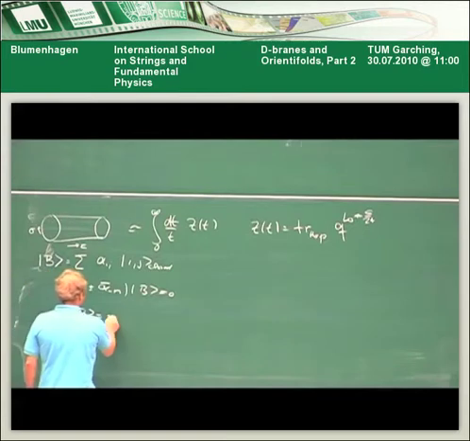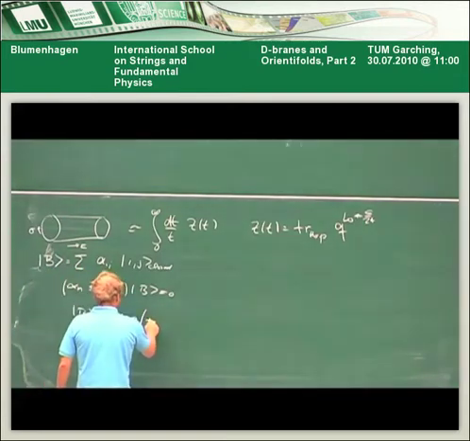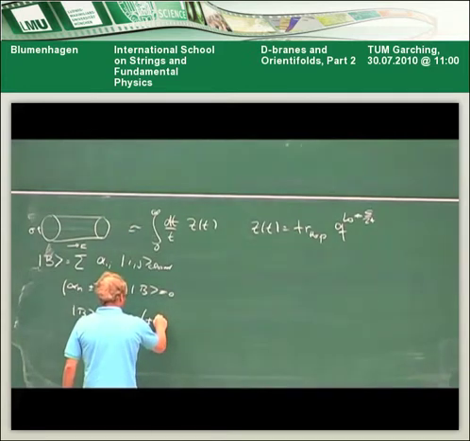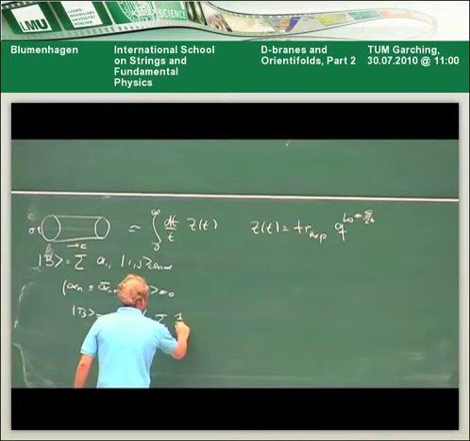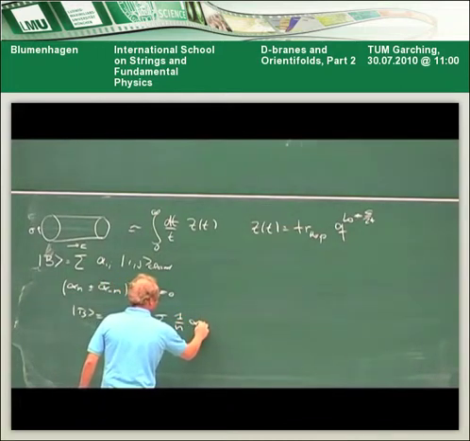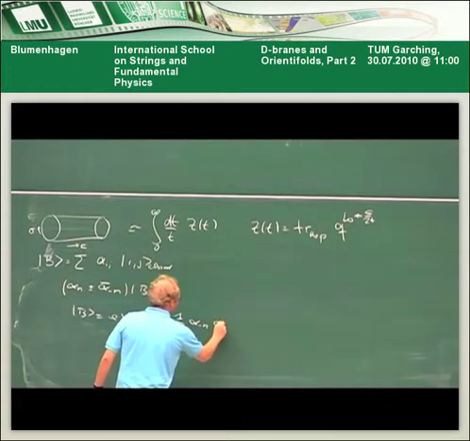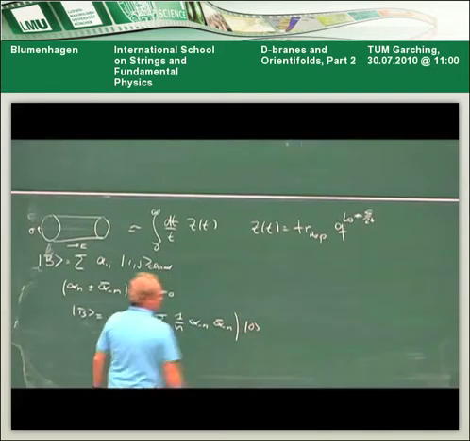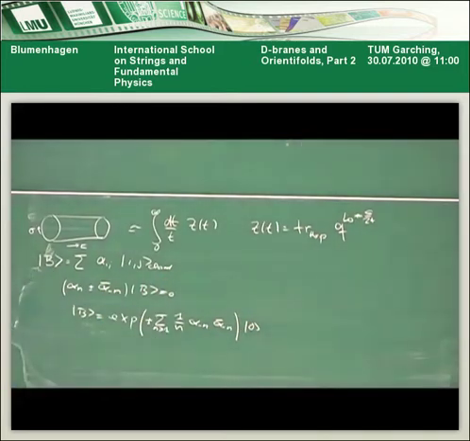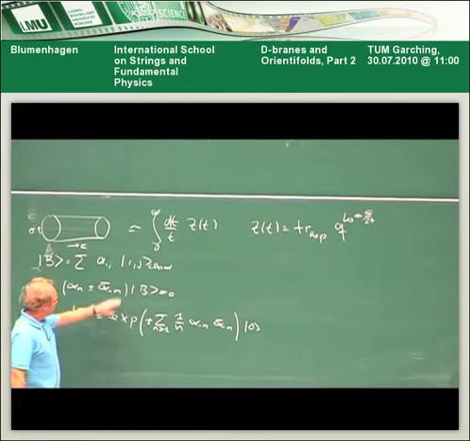In terms of these oscillators, it was an exponential of plus minus the sum over all positive excitations, 1 over n alpha minus n, on the vacuum. Yeah? So implicitly, we have now determined all these coefficients alpha for all the states appearing in the closed string Hilbert space.